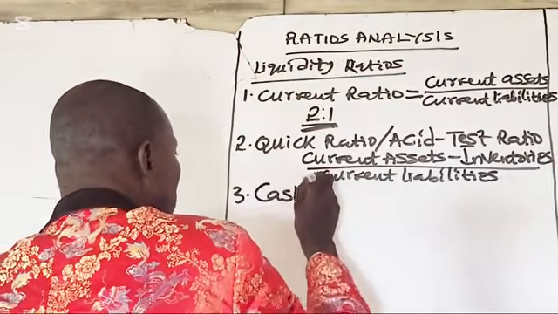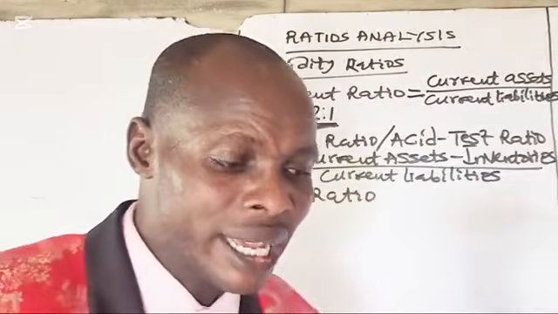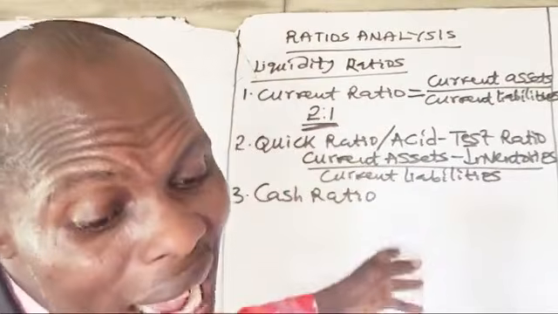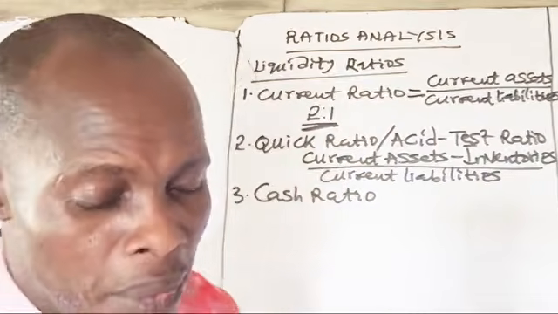Cash ratio. Cash ratio indicates whether a company has sufficient cash reserves to cover its current liabilities.